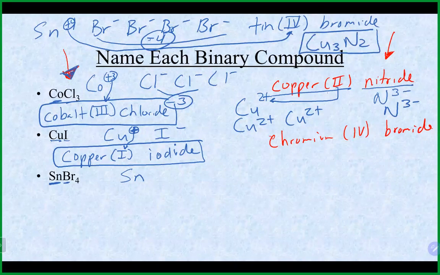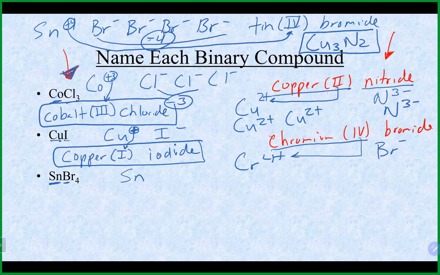Lastly, here we have chromium Roman numeral 4, which means the chromium should have a +4 charge. That again is what the Roman numeral stands for. The bromide, which is group number 7, has a -1 charge. So we basically will need more of the negative guy in this case, and we would need 4 total to balance it out.